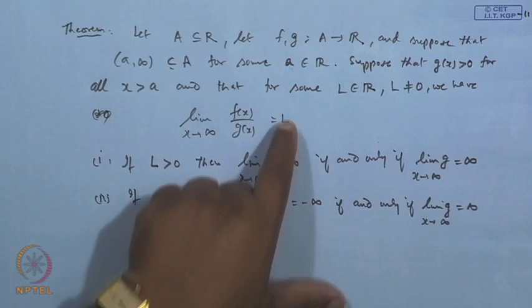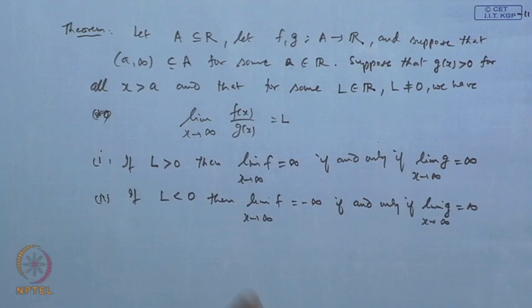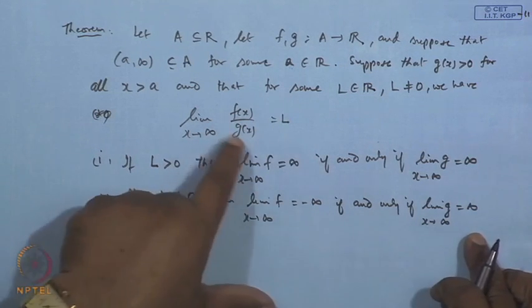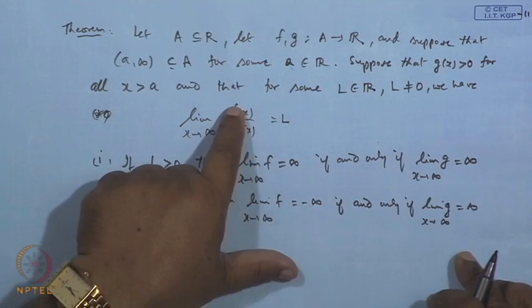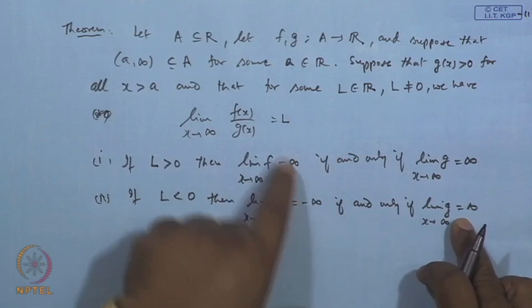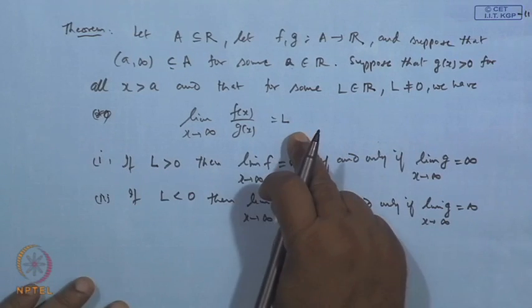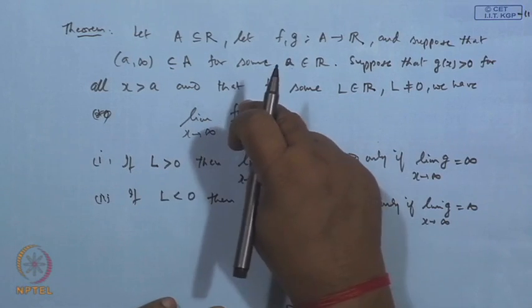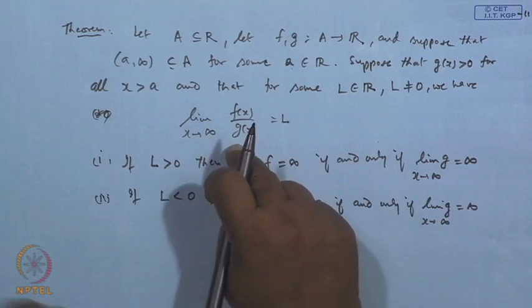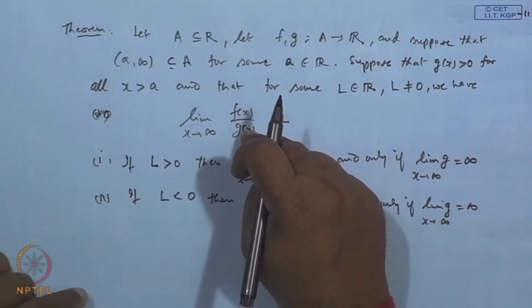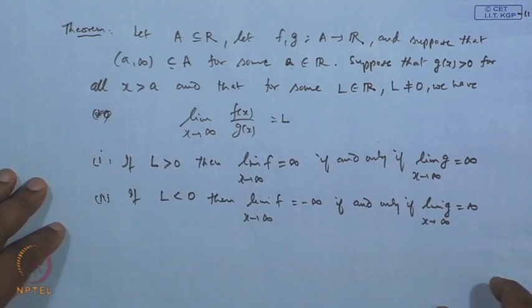If the limit of f is minus infinity, then the limit of g will be infinity if L is negative. But if L is positive and the limit of f is infinity, g will also have limit infinity, and similarly vice versa.